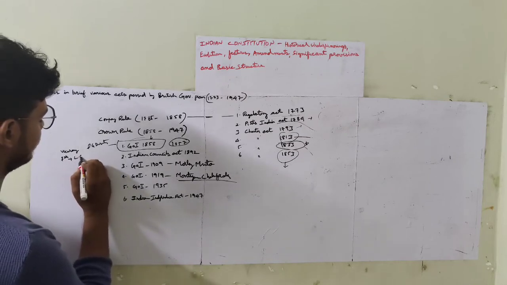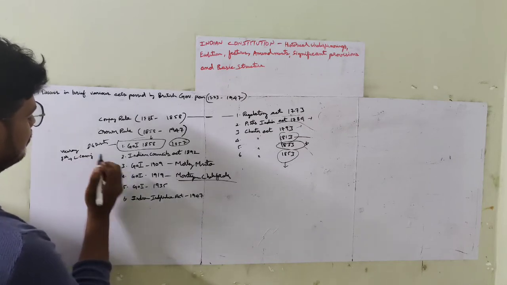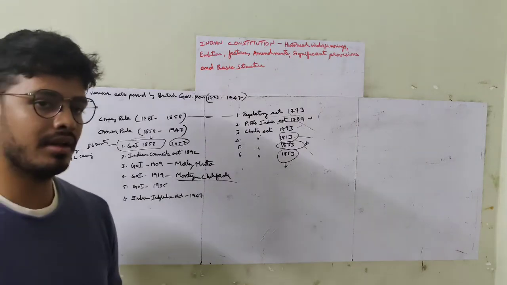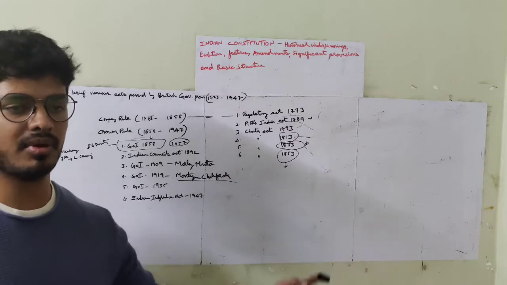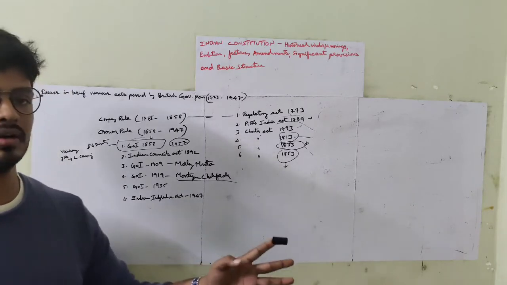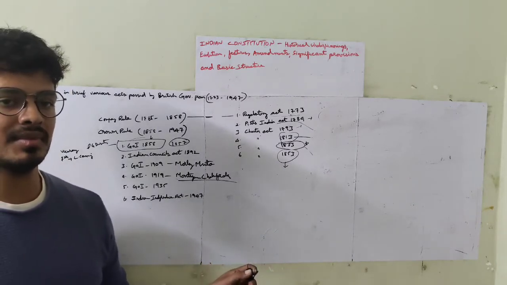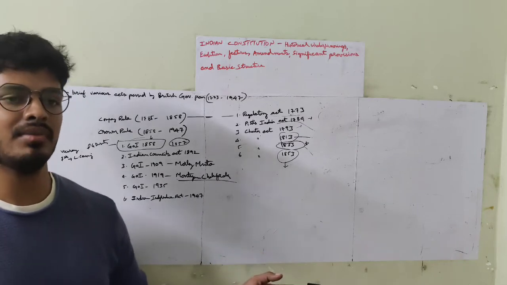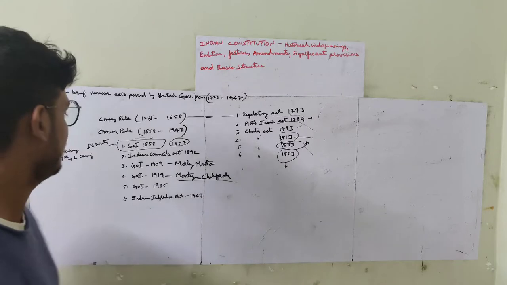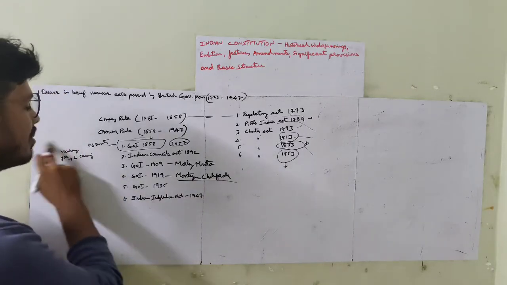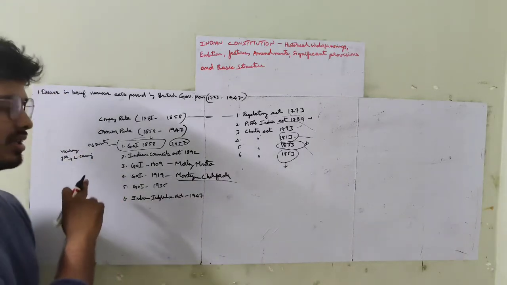Okay, and the Board of Control and this dual government were also abolished, and a new post called Secretary of State for India was created. Along with him, a 12-member body was created to assist him.